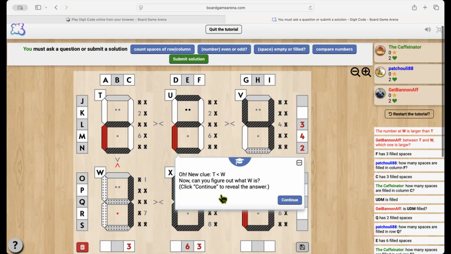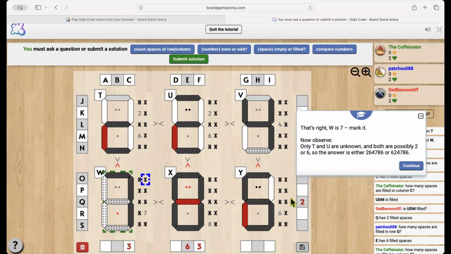All right, a new clue. Another player said T is less than W. So where's T less than W? Now we can figure out what W is. W is greater, so it has to be 7 because it can't be 1.